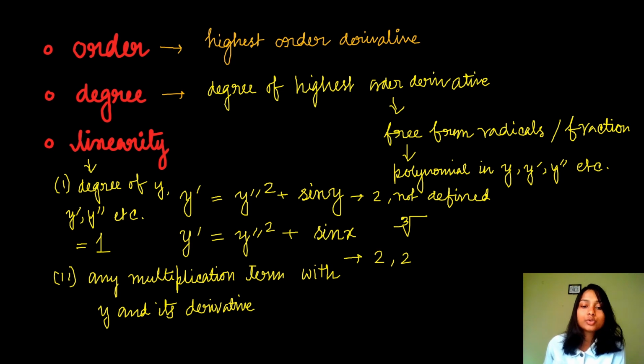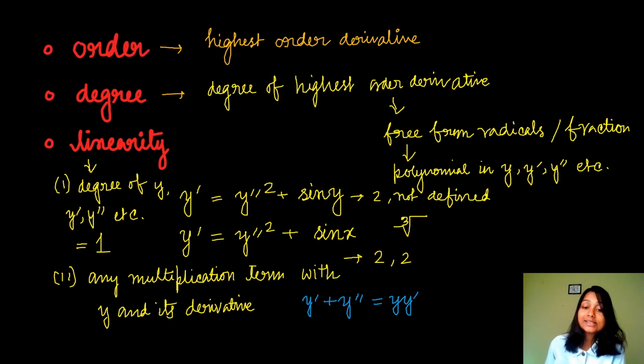Suppose we have a differential equation like this: y dash plus y double dash equals y into y dash. The order of the differential equation in this case is 2, there is no problem with that.